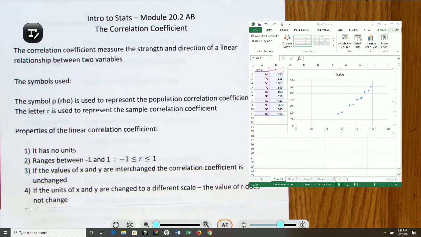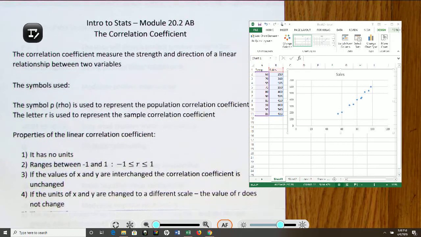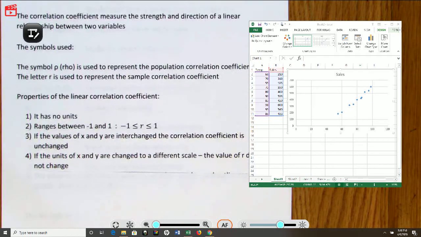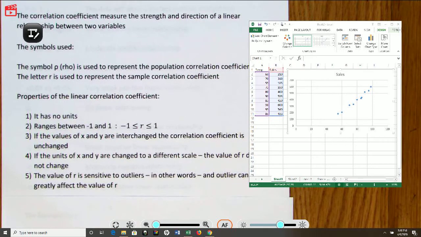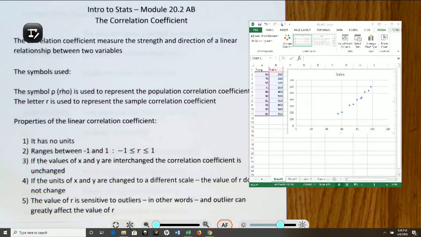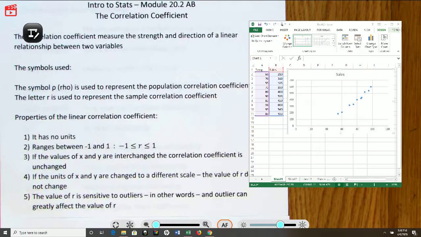Also, if we change them to different scales, the value will not change. So if we change temperature from Fahrenheit into Celsius, it won't change. If we changed all our dollar amounts or whatever those were measured into euros, this correlation coefficient would not change. And the last property we have is it is very sensitive to outliers.